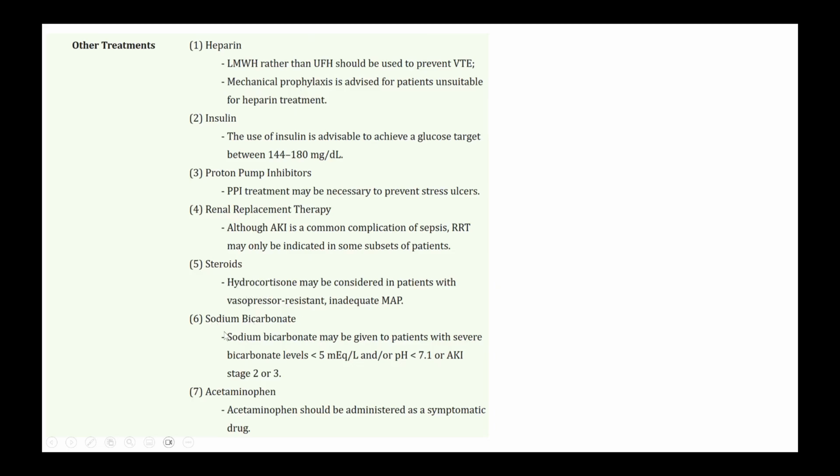Then sodium bicarbonate to correct the acidosis, which may be severe because of the lack of tissue perfusion. In pH less than 7.1, you can think of sodium bicarbonate, and acetaminophen should be administered to keep the fever and other things under control.